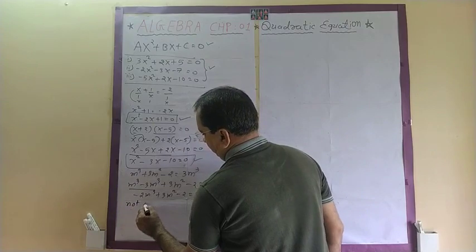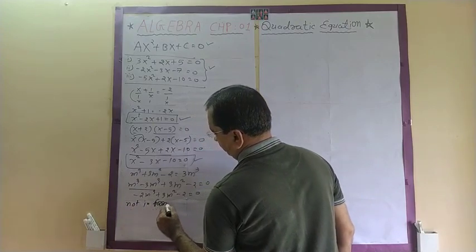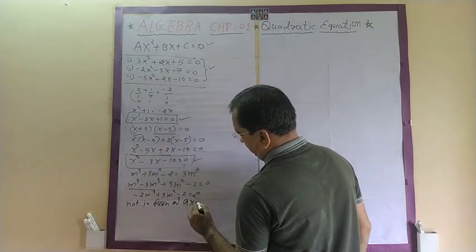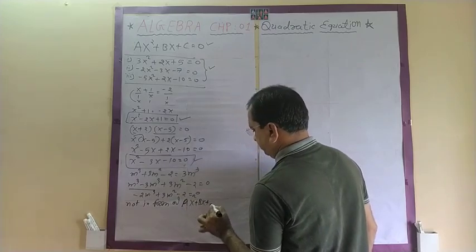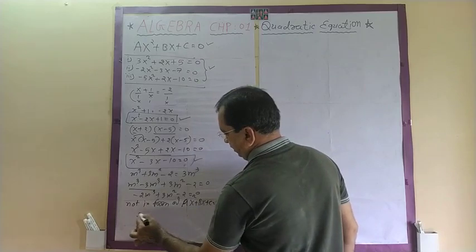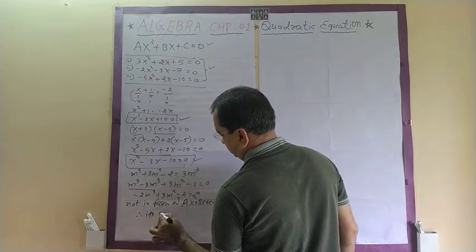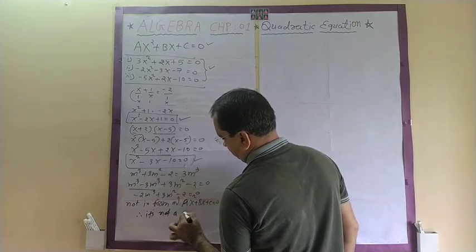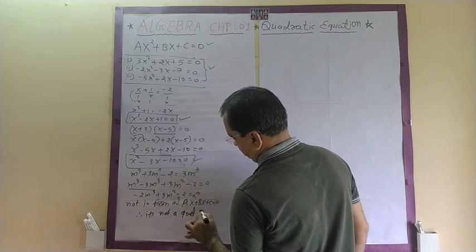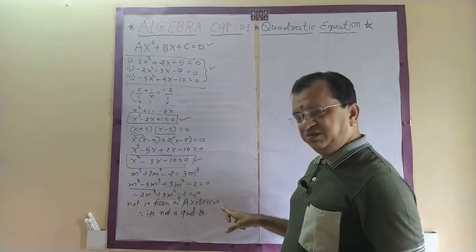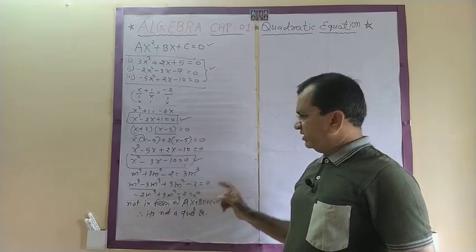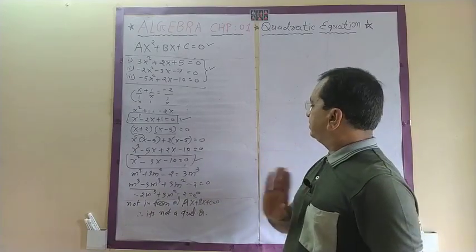Not in the form of ax square plus bx plus c. Therefore, not a quadratic. If it is in the form of ax square plus bx plus c, then it is a quadratic. If it is not in that form, not a quadratic.